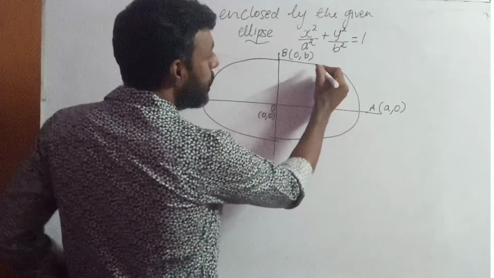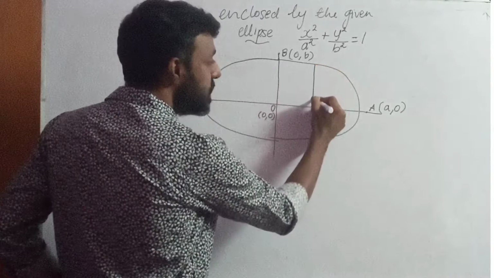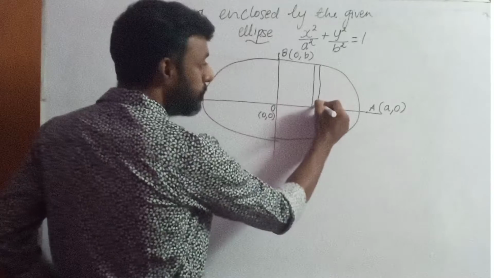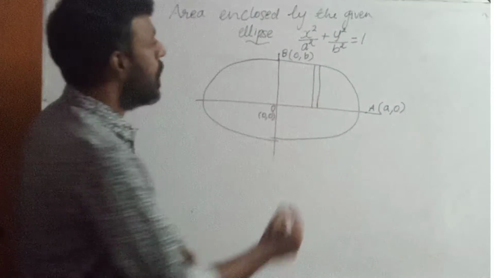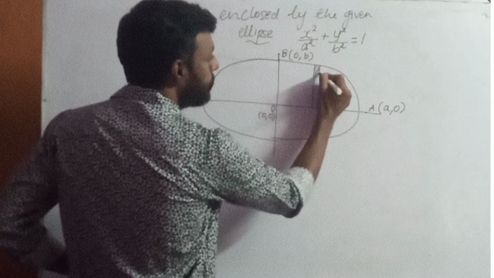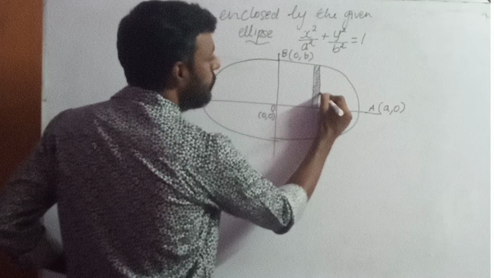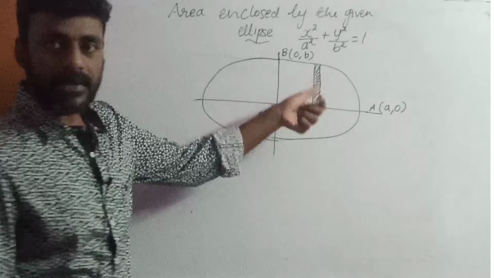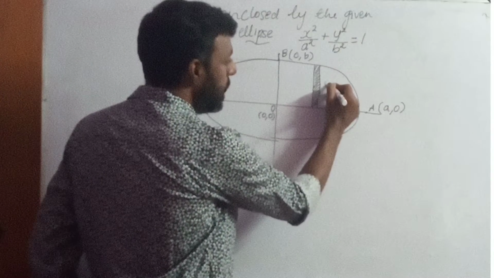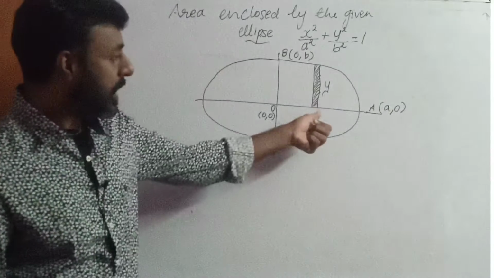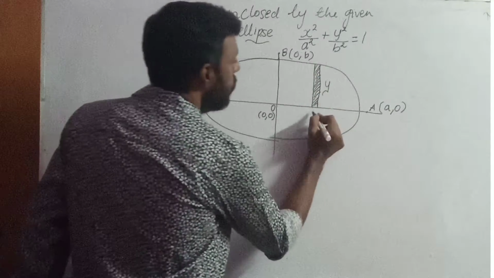Now I'm going to consider a vertical strip which looks like a rectangle. The length of the vertical strip will be y, and the breadth of this vertical strip will be dx.